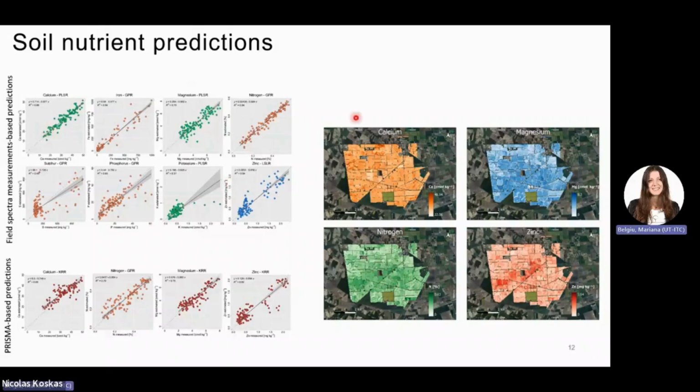As I mentioned before, we use the satellite images to generate spatially explicit information on these nutrients. In this particular case, the nutrients in the soil, because we wanted to understand how the nutrients available in the soil will affect the nutrient content in the plants and later in the grains, and to understand the nutrient uptake from the soil to the plant and further to the grains.